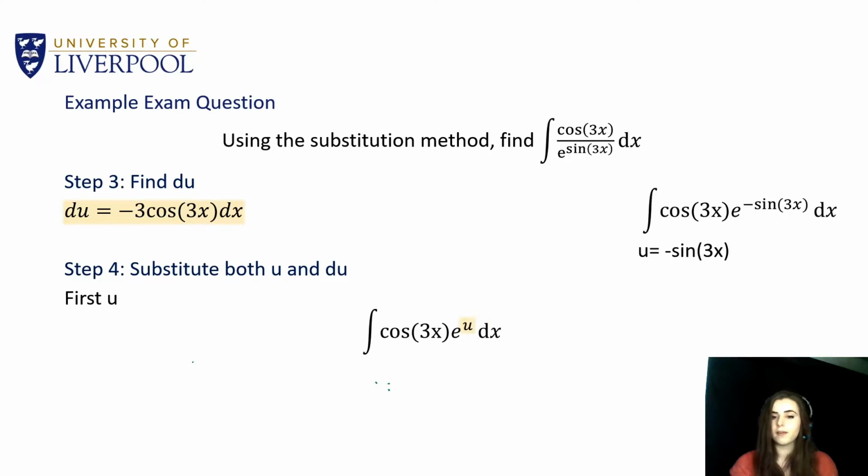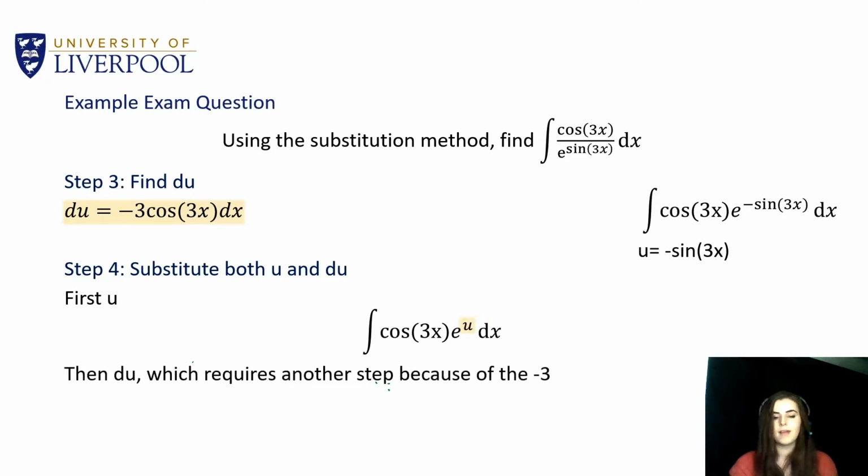We just replace the power of e, and then du, which requires another step because of the minus 3. And we're going to do exactly what we did before and add the minus 3 as a multiplier in front of the cos 3x and balance that out by simply putting a minus 1 over 3 because those combined equal a positive 1, and that means our equation is not affected at all.